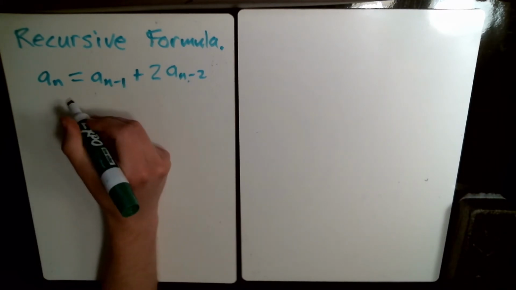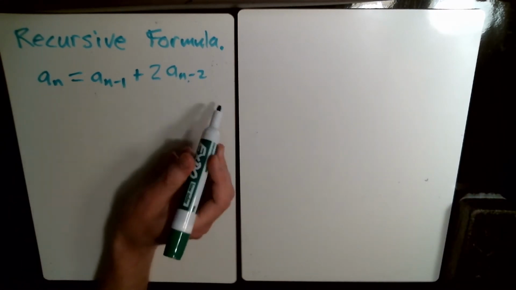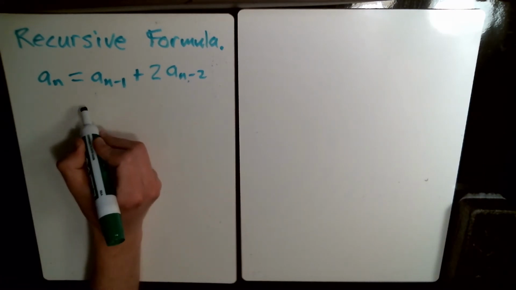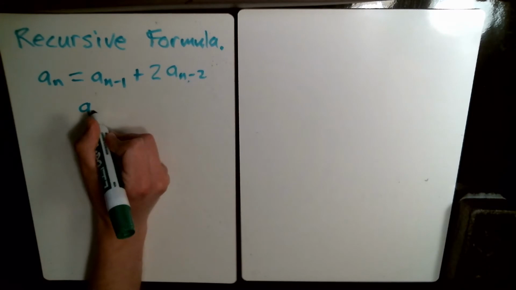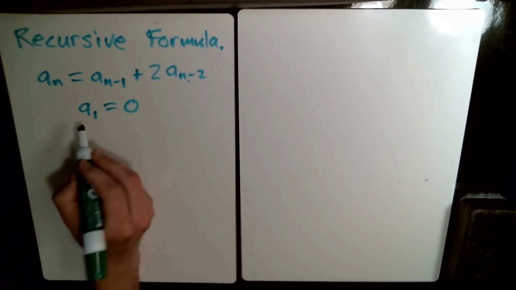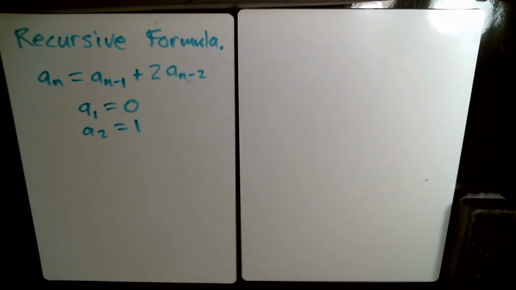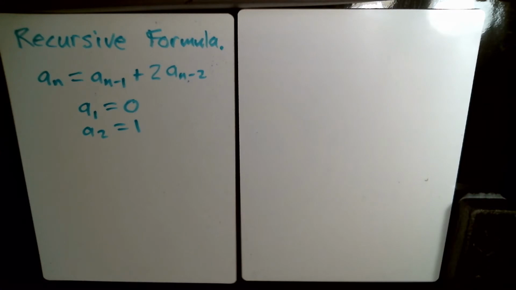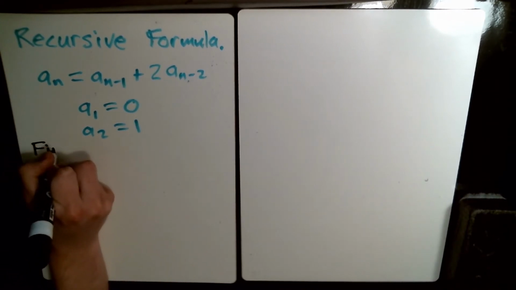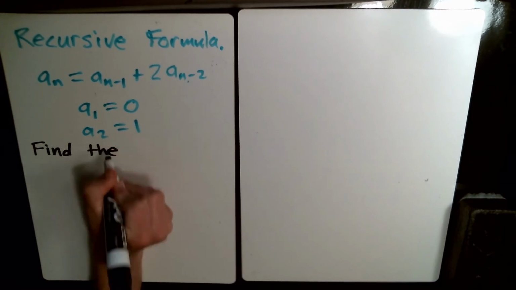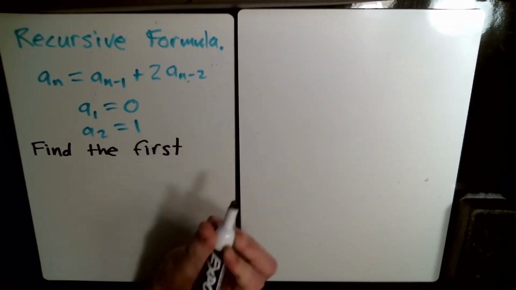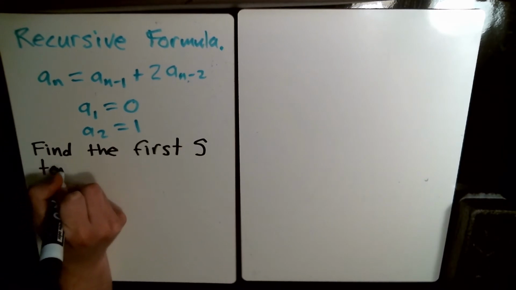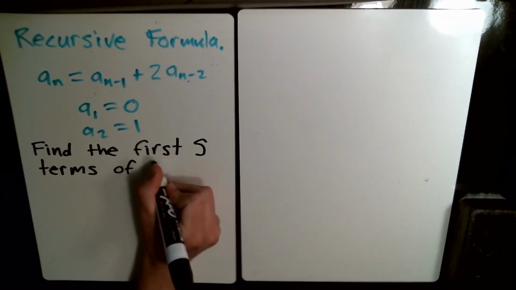It will also tell you some starting values. Let's say that we know that a sub 1 is 0 and a sub 2 is 1, and we're using this recursive equation. Let's find the first 5 terms of this sequence.